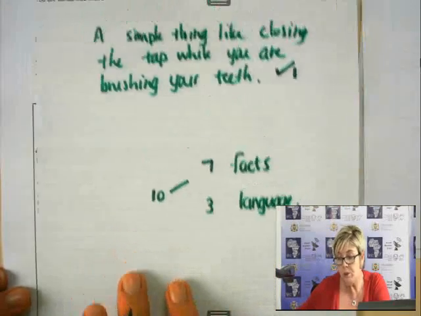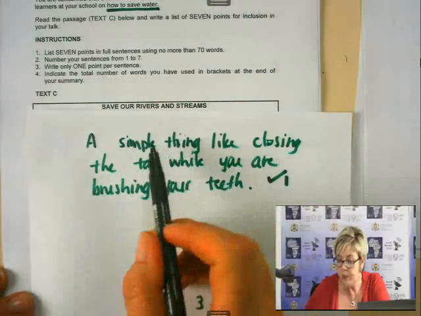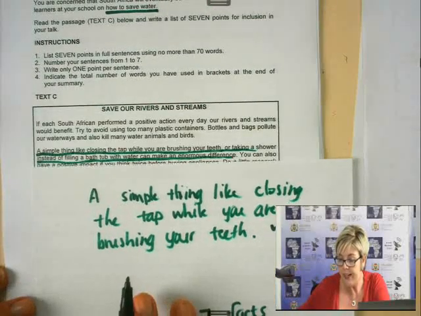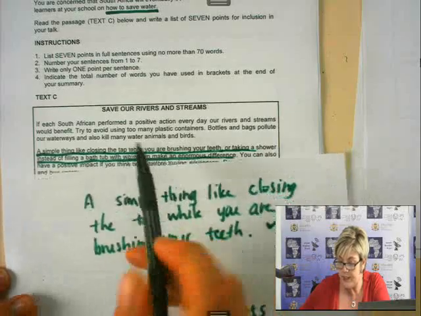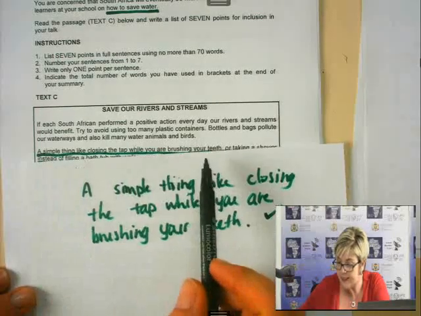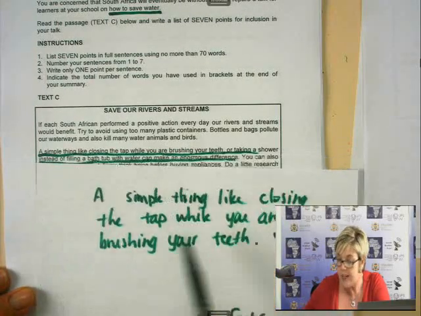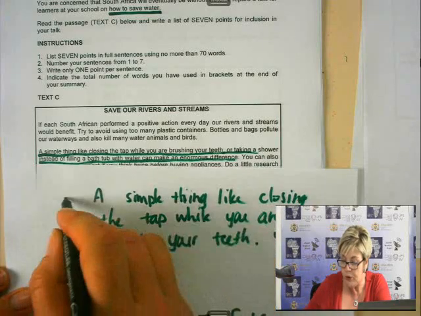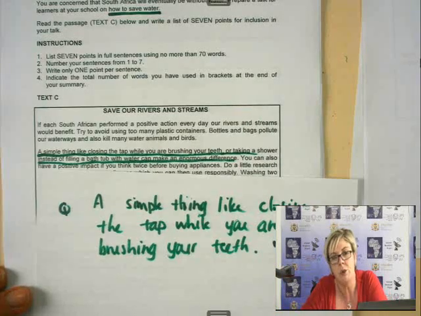Now, as we mark the summary, if we see this is a direct quote, in other words, it's lifted, it is exactly the same as in the passage, nothing was changed, what do we do? We indicate it is a quote.